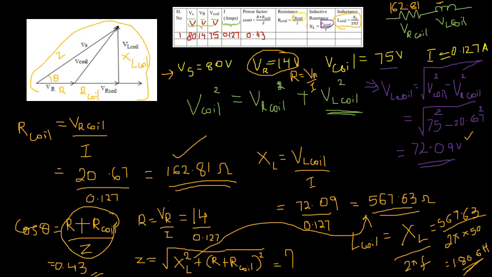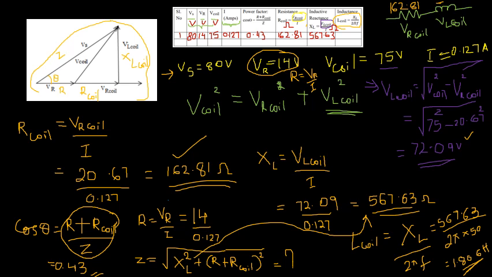Then I have calculated the coil resistance. For the first reading I have obtained it as 162.81, in units of ohms, and XL I had calculated and found around 567.63, again in ohms.